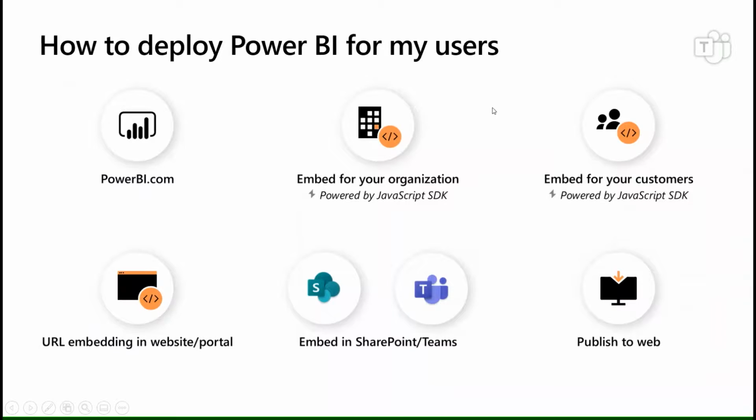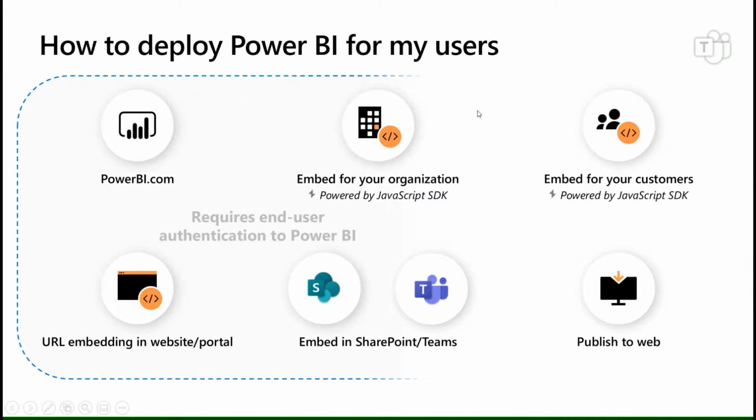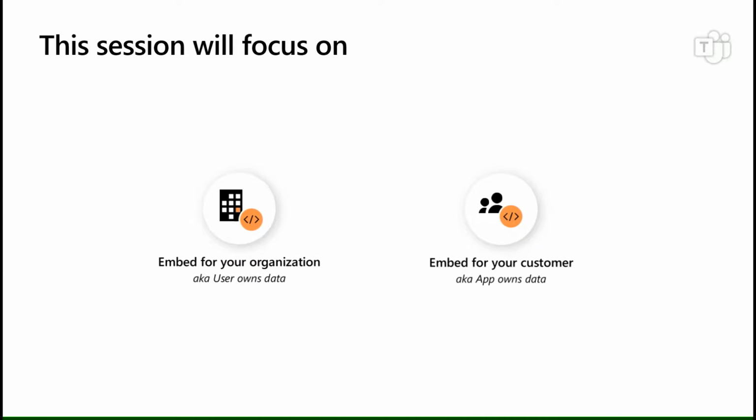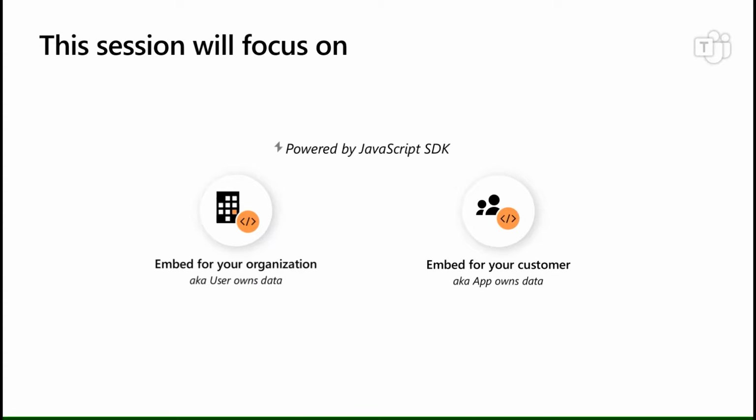There are many ways to deploy Power BI for your users. All the four options on the side require end user authentication. In this session, we're going to focus on two main areas: embed for your organization and embed for your customers. Embed for your organization is used for internal users, where all your users have AAD accounts and Power BI accounts, and you share your reports with them like you do in Power BI service.